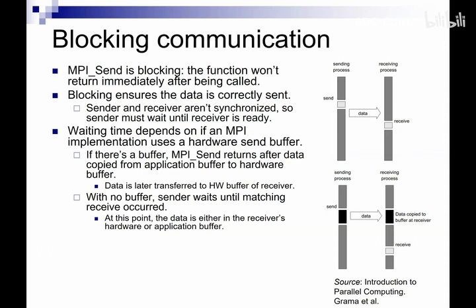Once it's been copied into the buffer, I know that my message is stored safely, and so my MPI send can return. Later on, MPI can take the data from the buffer, and once the receiver is ready, it'll send the data to the receiver. As long as my data is in the buffer, I know it's not going to get lost.